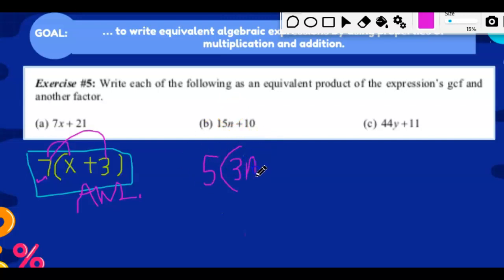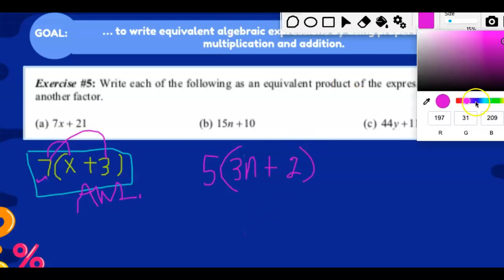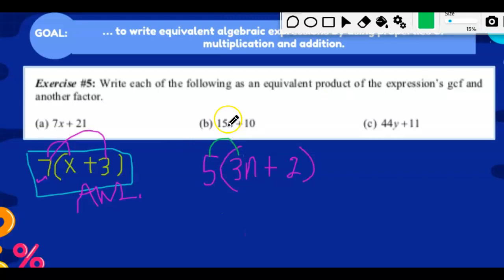Is that what you're trying to say, Raymond? Yeah, 3n plus 2. Okay. So 3n plus 2. Did you get that, guys? If you want to go back and check, 5 times 3n is 15n, then 5 times 2 is 10. So now we know that's our answer.